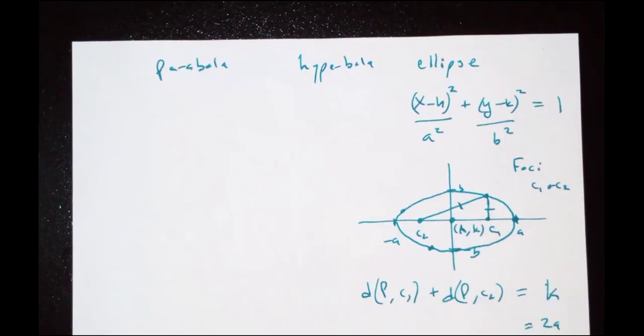A hyperbola is what happens if you take an ellipse and turn it inside out. So imagine, instead of having everything go in towards those foci, they go out from those foci. So my shape now changes.